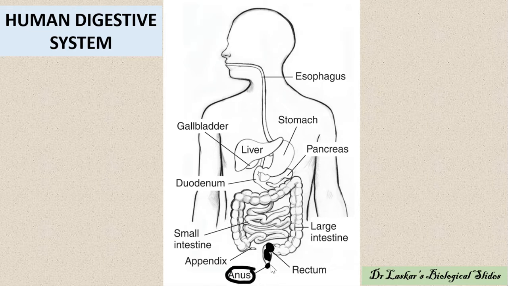And this anus is mainly guarded by two sphincters, internal sphincter and external sphincter. So these are the parts of the alimentary canal.